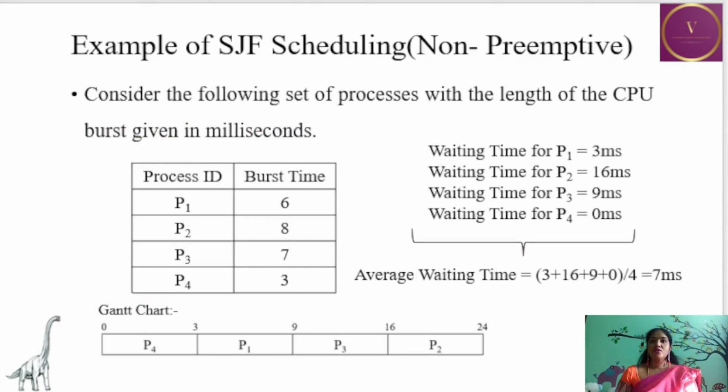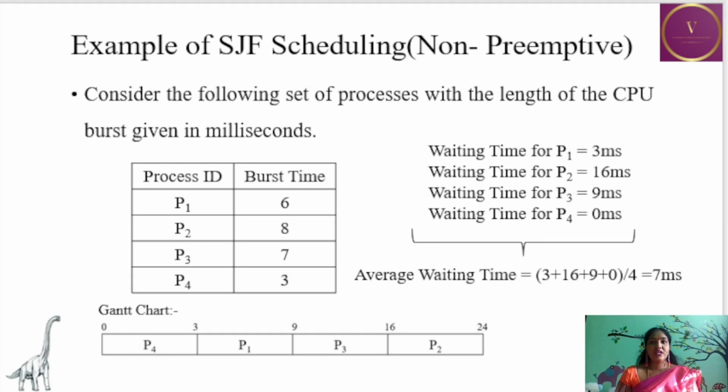Here we have an example for the shortest job first scheduling algorithm, non-preemptive method. Consider the following set of processes with the length of the CPU burst given in milliseconds. Here you have 4 processes, with process IDs P1, P2, P3 and P4, and their respective burst time, that is CPU requirement time, is given here.